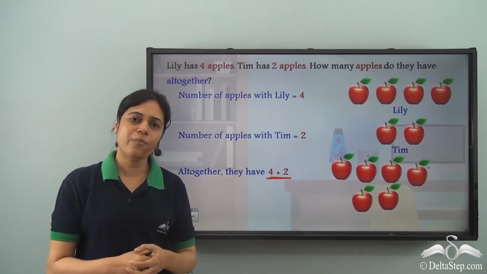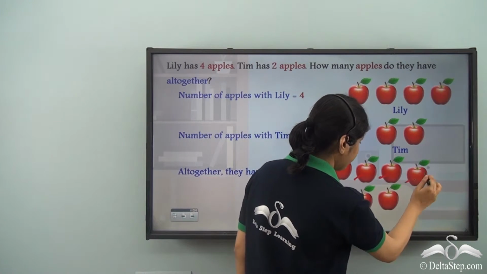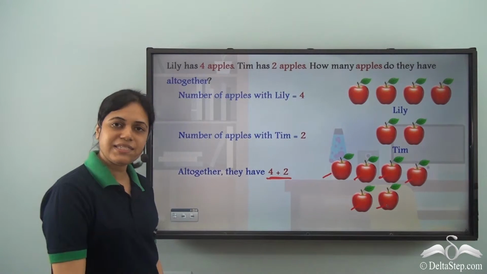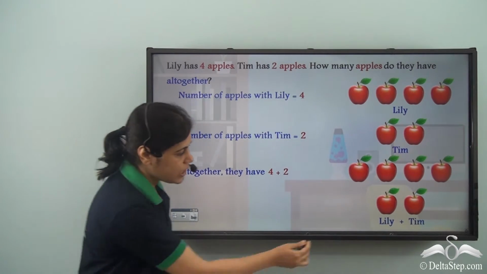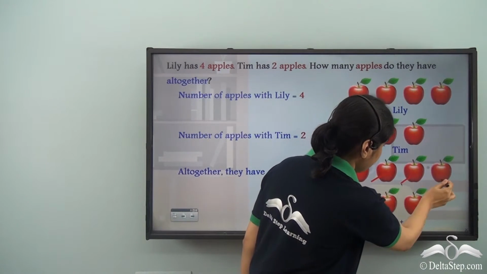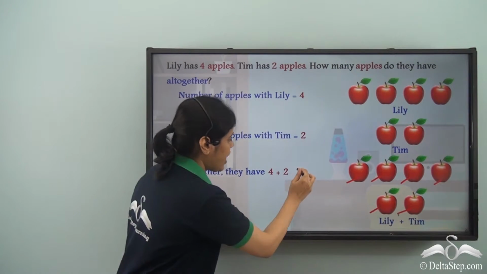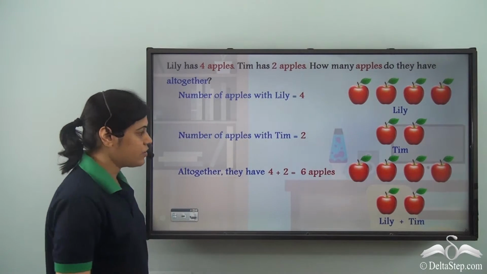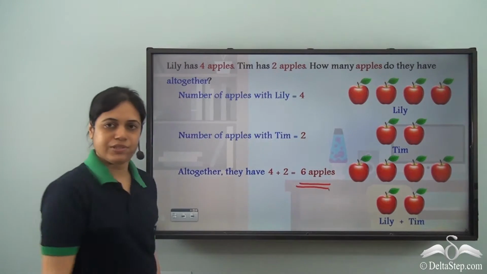So let's see how many are here. 1, 2, 3, 4, 5, 6. So we have 6 apples here. Right? So Lily plus Tim is 6 apples. So we have 4 plus 2 is equal to 6. So altogether they have 6 apples.